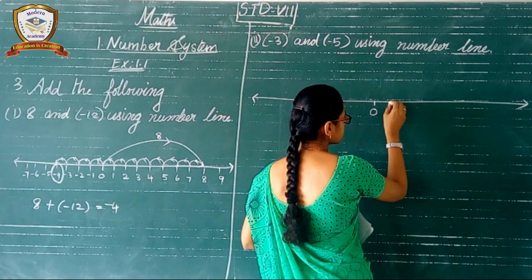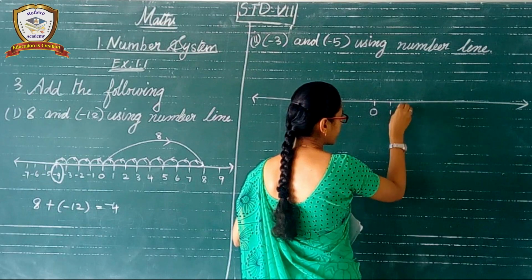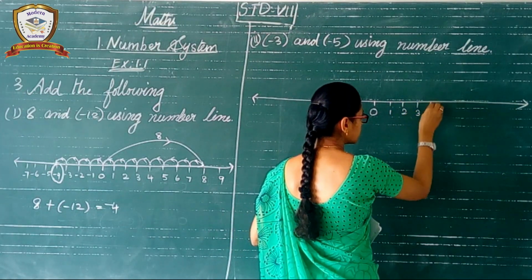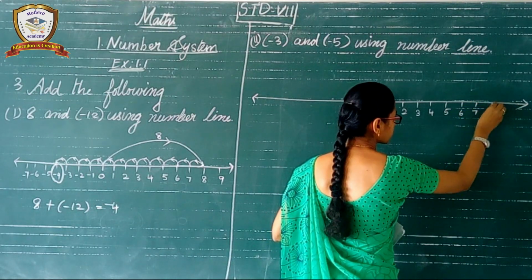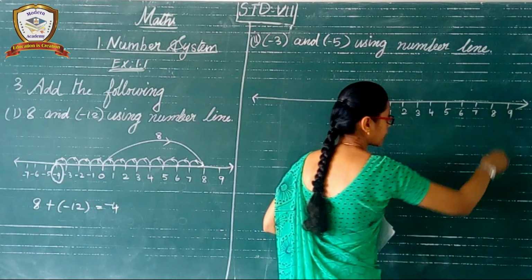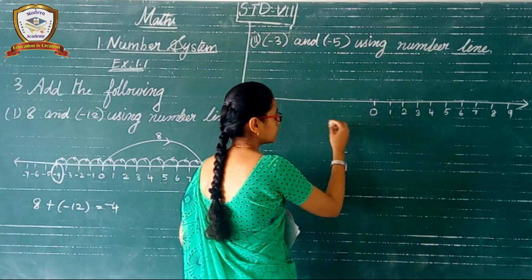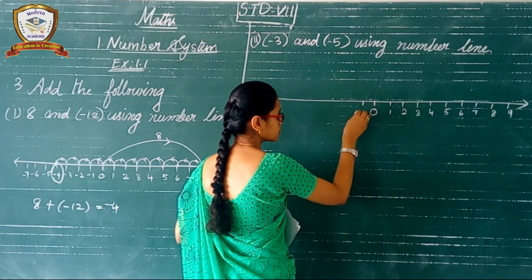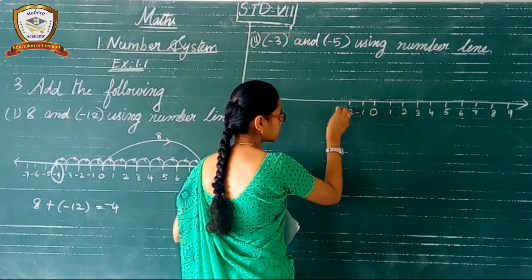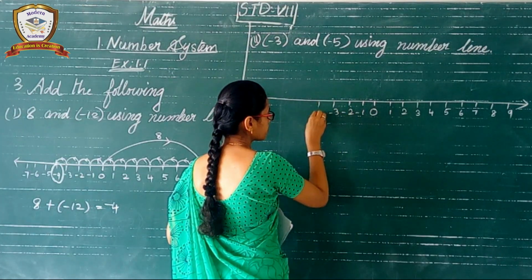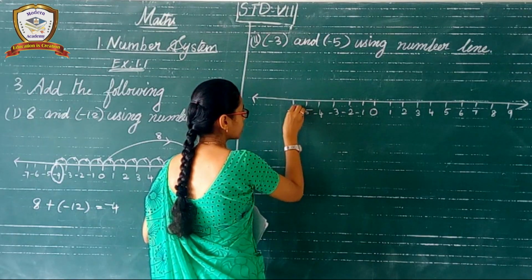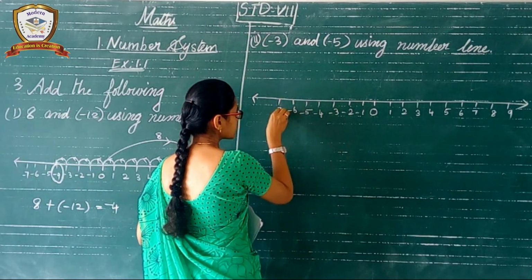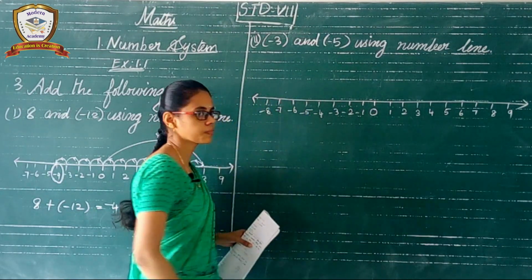The right side of 0 is positive integers: 1, 2, 3, 4, 5, 6, 7, 8, 9. The left side of 0 is negative integers: minus 1, minus 2, minus 3, minus 4, minus 5, minus 6, minus 7, minus 8.